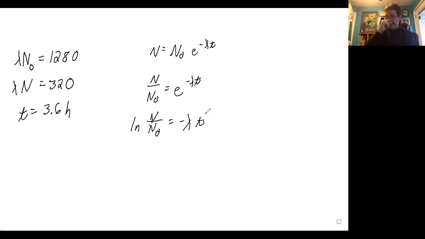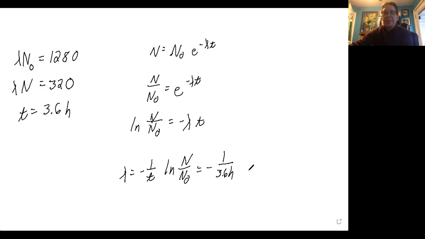So we can write lambda as being equal to negative 1 over t times the natural log of n over n naught. So we can write that as negative 1 over 3.6 hours times the natural log of 320 to 1280, which is going to be the natural log of 1 over 4.